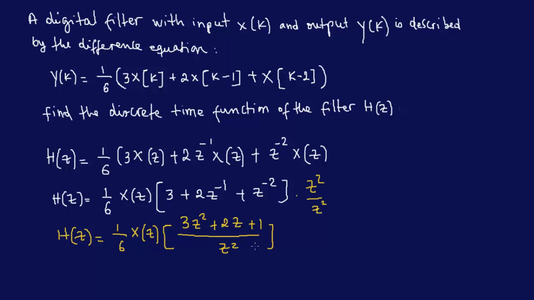I'm sorry, this is supposed to be y of z, of course, and then you divide by x of z, which will give you the filter h of z.